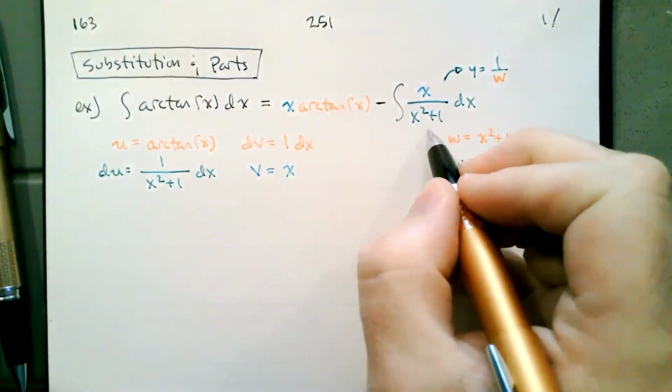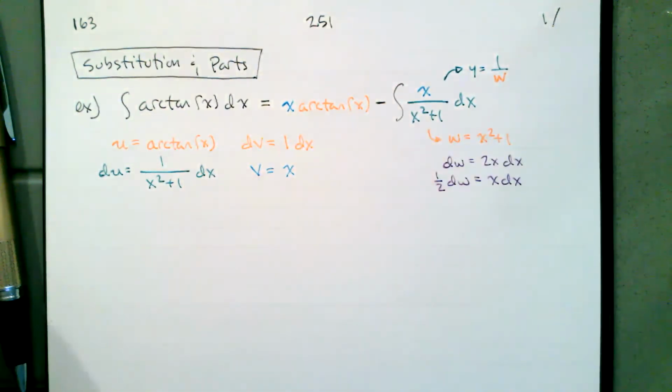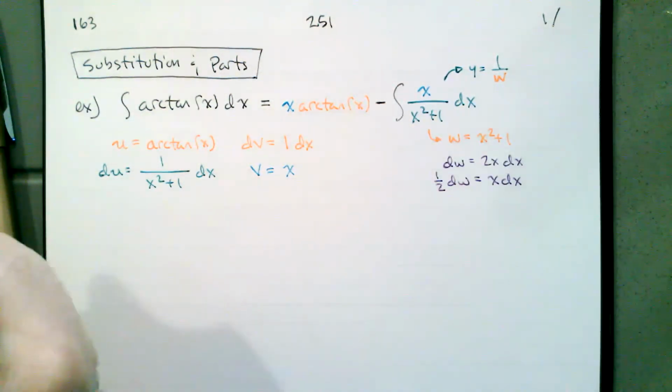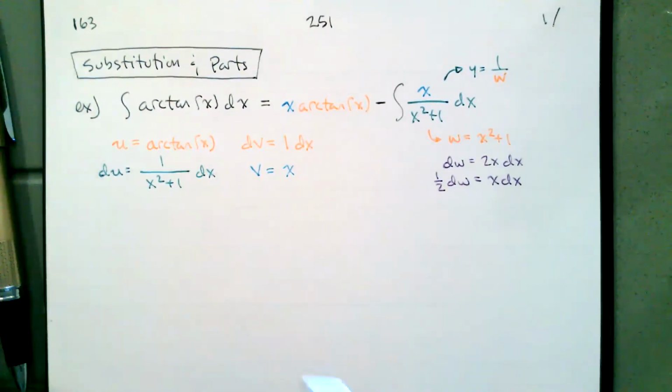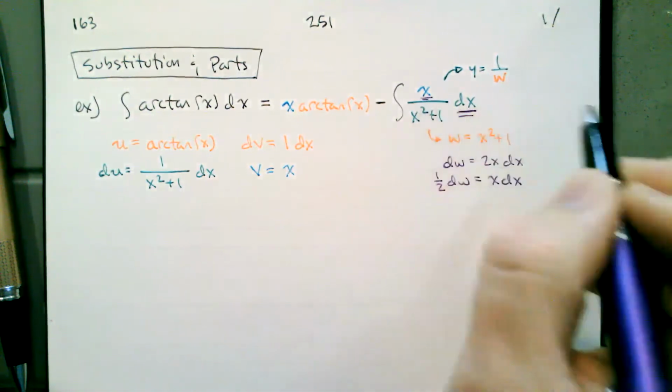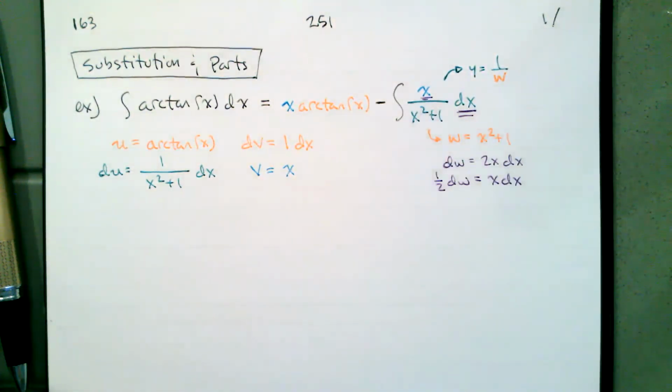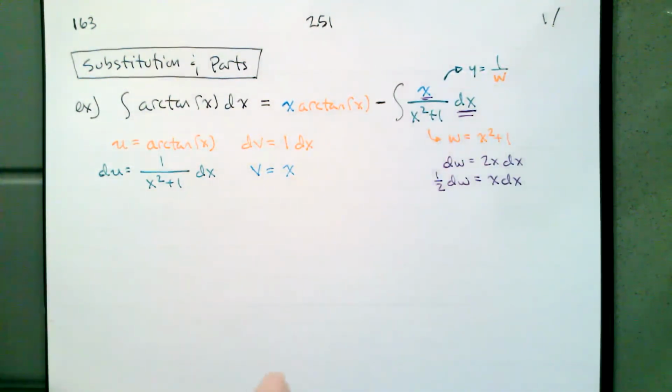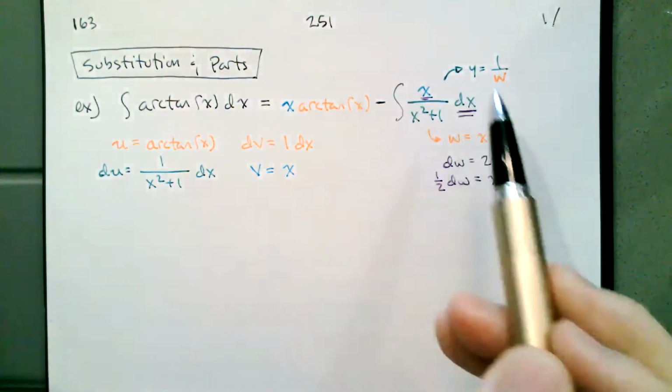So x squared plus 1 is going to be our inside function. 1 over w is our outside function. And then the x dx is just going to be 1/2 of a dw. Now keep in mind, this is just the secondary integral.